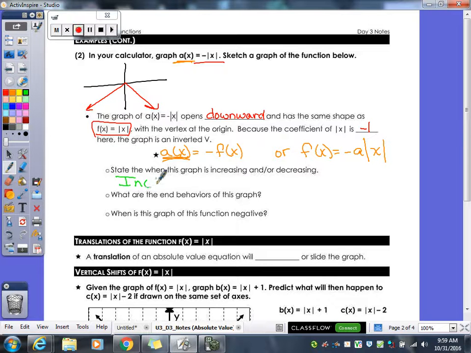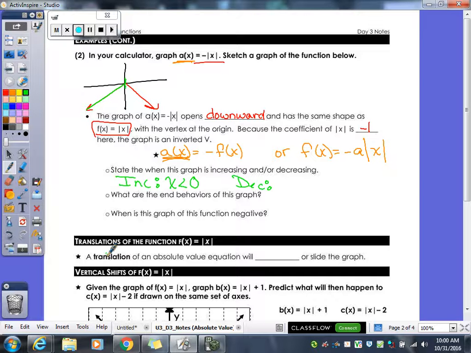All right, some review of increasing, decreasing. So if we start on the left side of the graph and I follow it, what is it doing first? It's increasing, right? First part of the graph is increasing. It increases until what x value? These x values are what of 0? So x is less than 0 is when that graph is increasing.